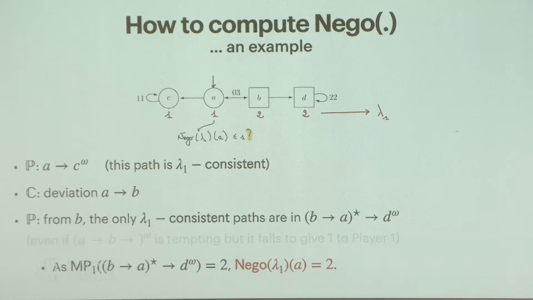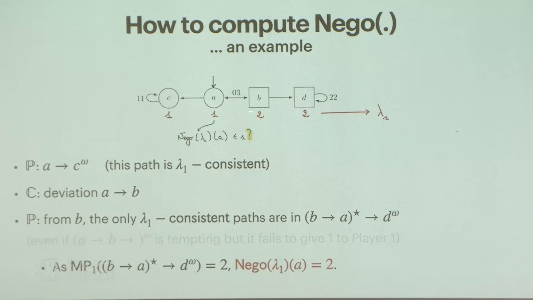But now comes the fact that player square should play rationally. It means that the prover now should give at least 2 to player square. So he can no longer propose this path again. He needs to propose something which gives at least 1 to player circle and 2 to player box.